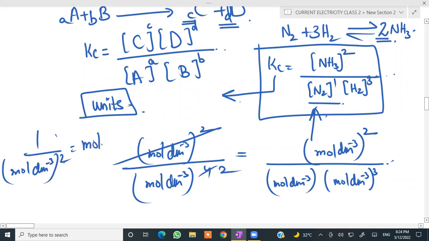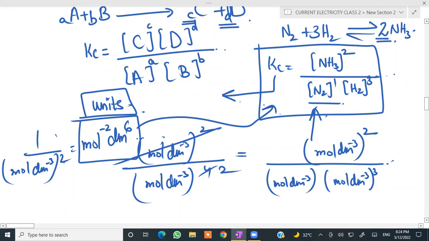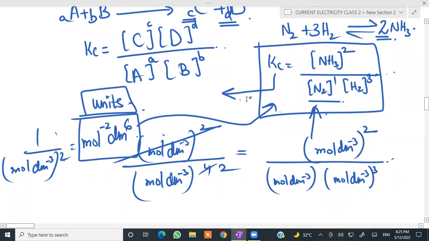It's going to become mole to the power of -2, dm to the power of 3 to the -6, so +6. So mole to the power of -2, dm 6. These are going to be the units for this Kc. ठीक है? Right. So ये तो बात हुई Kc की थोड़ी सी. आगे चलते हैं.